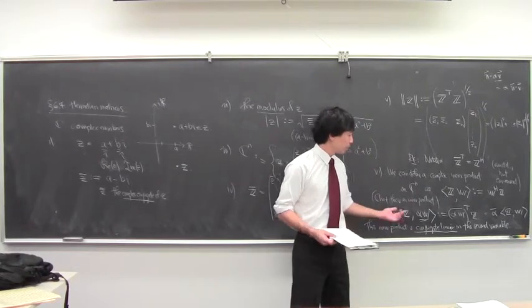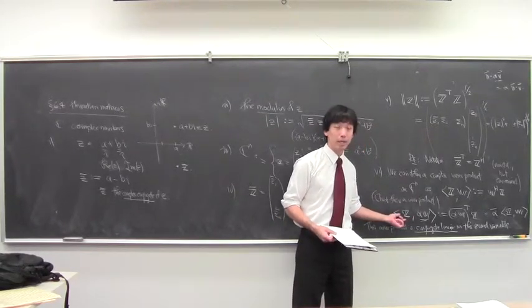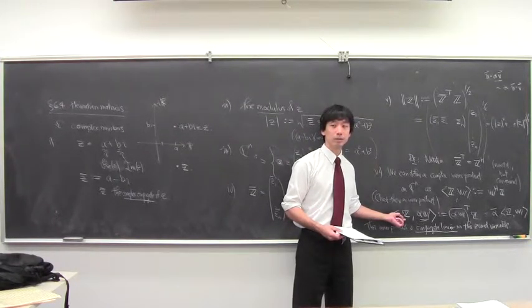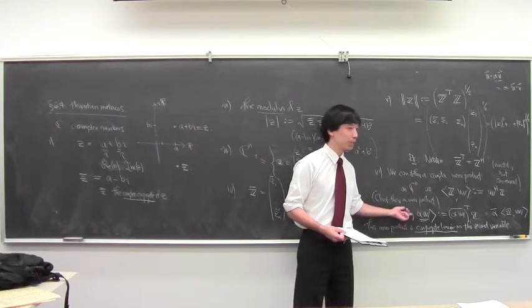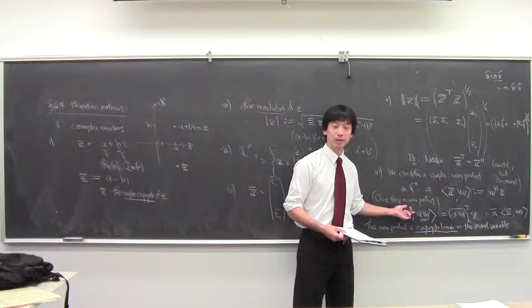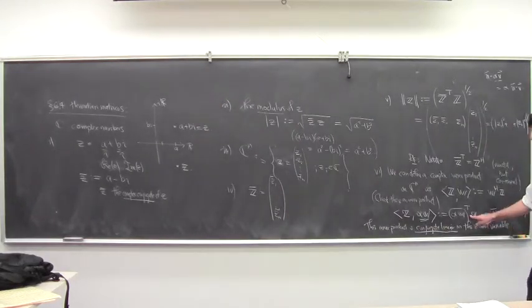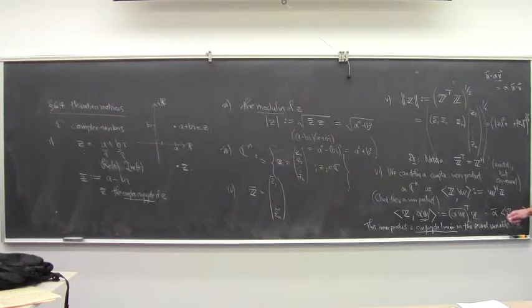But what happens if we multiply the first variable by alpha? We're good. It actually is linear in the first, right? Because you multiply Z by alpha, you just get an alpha here. That alpha pulls out, you get alpha times the inner product. So it's linear in the first variable and conjugate linear in the second variable.